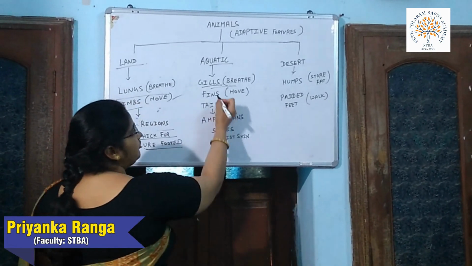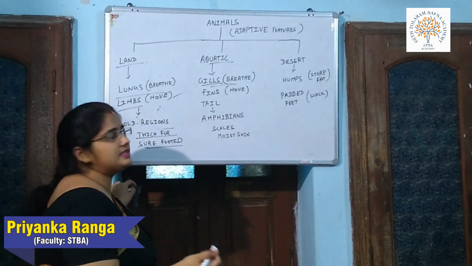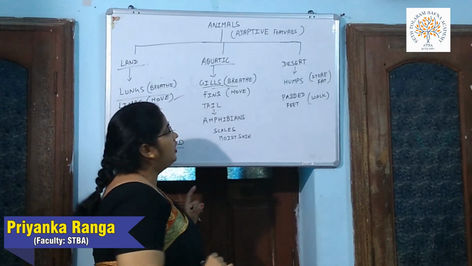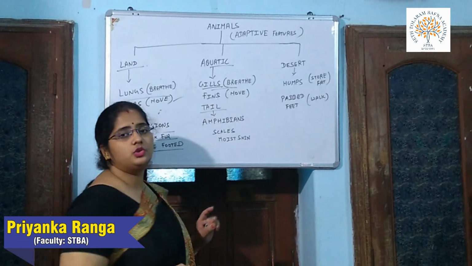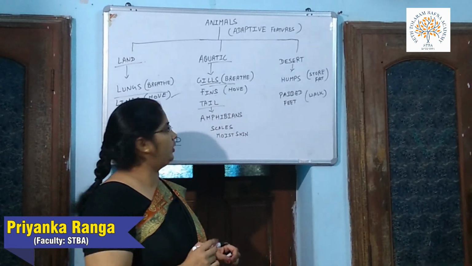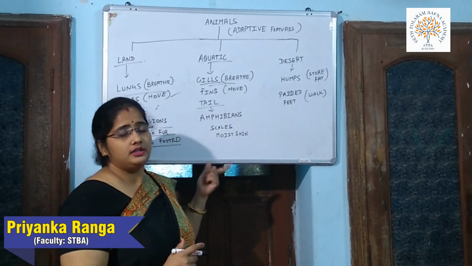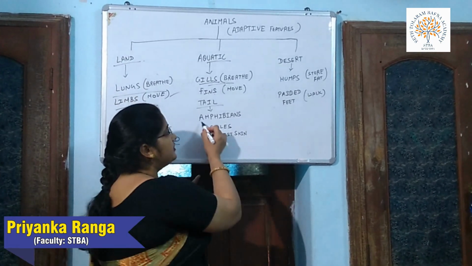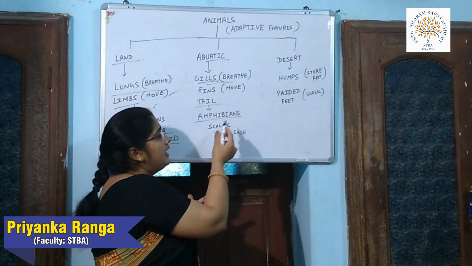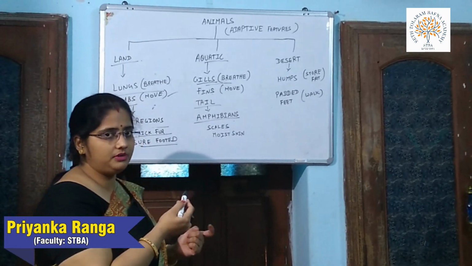Now next is the fins. Fishes and aquatic animals have fins so that they can move in the water. Also they have a fin tail so that this tail helps them to change direction in the water. When we talk about the aquatic animals, there are other animals that are amphibians. For example, frogs and crocodiles. What are their adaptive features?